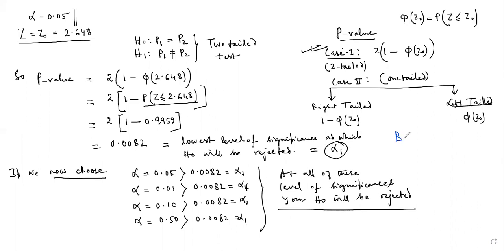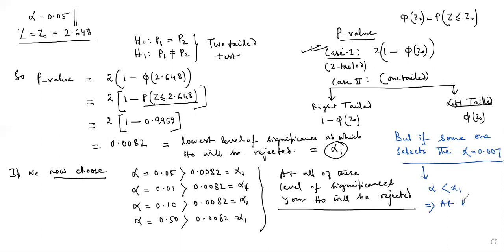But if someone selects the alpha to be something like 0.007, if this is somebody's level of significance, then you know that in this case alpha is less than alpha 1, and this implies at this level of significance H naught is accepted.